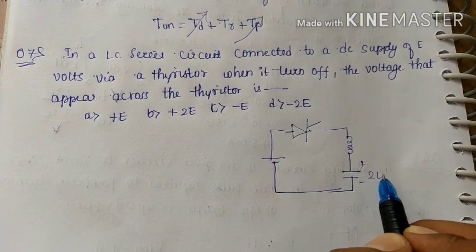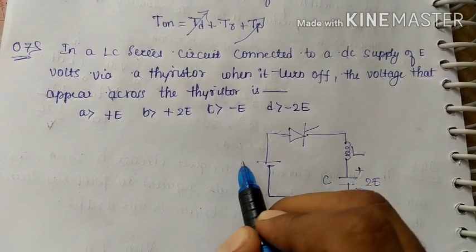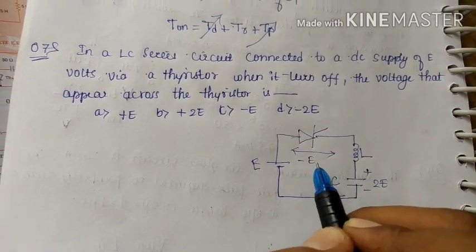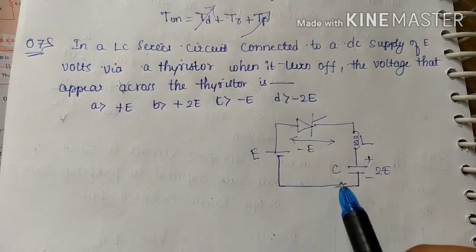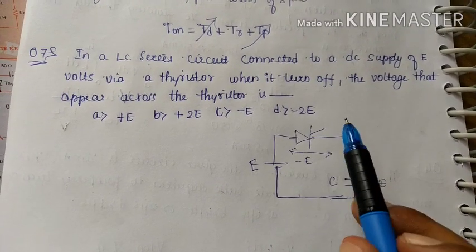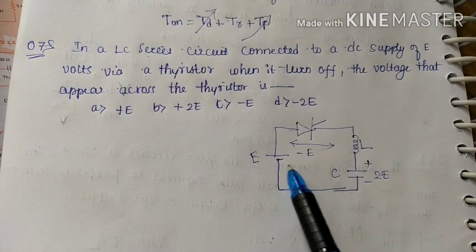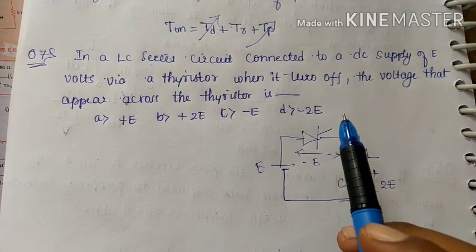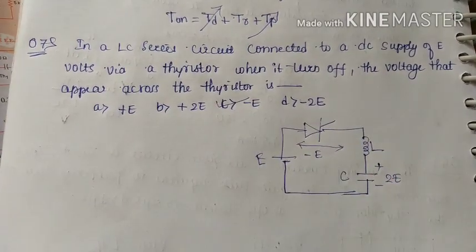So this will be 2E, C, L. This will be E. Here it will be negative E. So here, when SCR is turned on, the capacitor will be charged to plus 2E. So when SCR is turned off, the minus E, negative E will appear across the thyristor. So option C will be the answer.